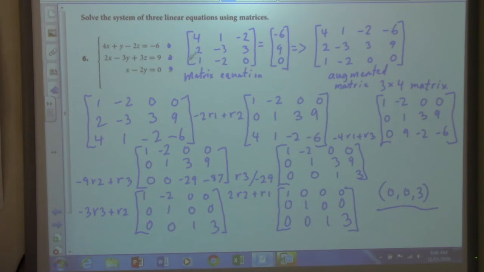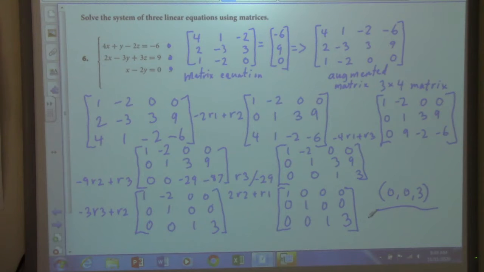What happens is, eventually what you do with an augmented matrix is you manipulate it until you get to this last form here, where you have just ones on the diagonal and zeros everywhere else, and you'll have numbers on here. Now here you have x is equal to 0, y is equal to 0, and z is equal to 3.